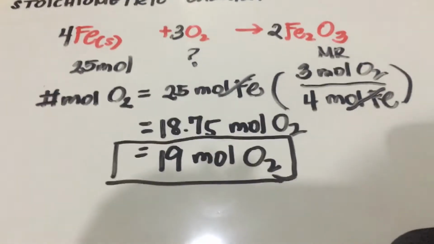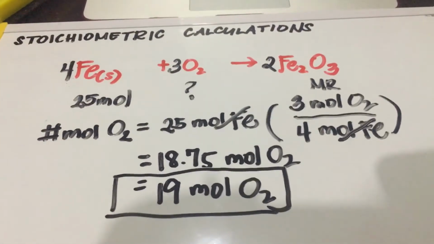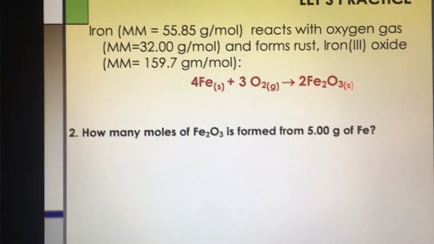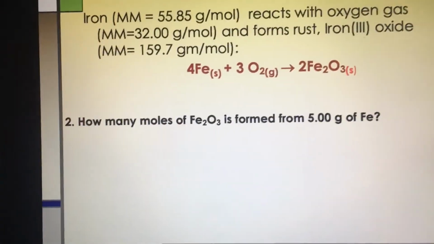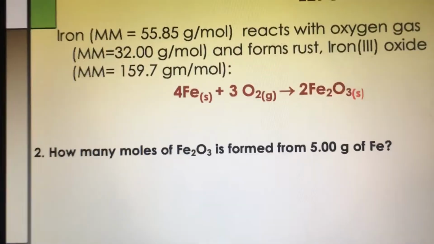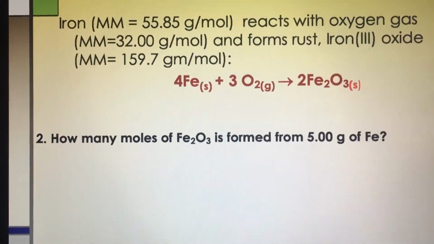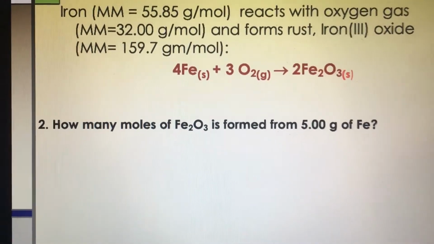Okay, now let's go to the next problem. So we now have the balanced chemical equation. This time, number 2, we are asked how many moles of Fe2O3 is formed from 5 grams of Fe.